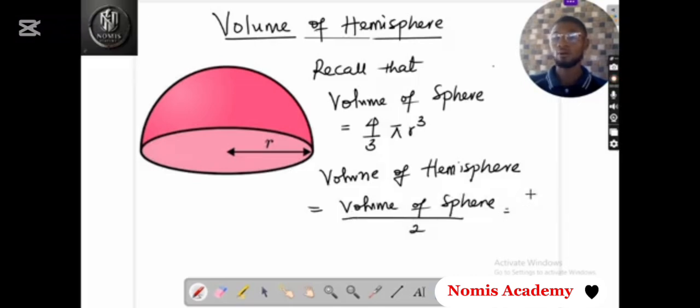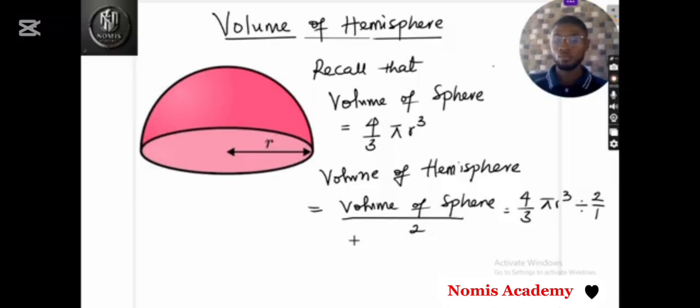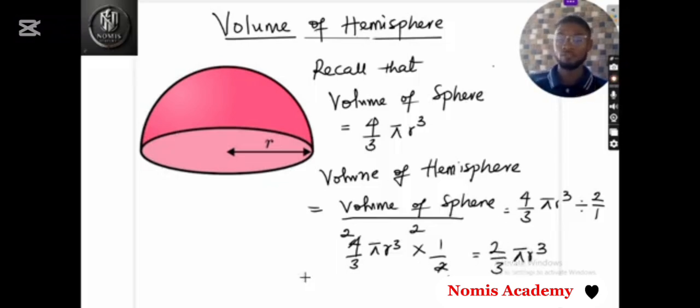And now that the volume of sphere is 4/3 pi r cubed divided by 2/1, this can simply become 4/3 pi r cubed multiplied by 1/2. 2 here 1, 2 here 2, and that becomes 2/3 pi r cubed. So this is the formula to calculate volume of hemisphere.